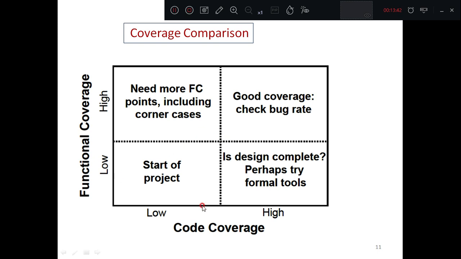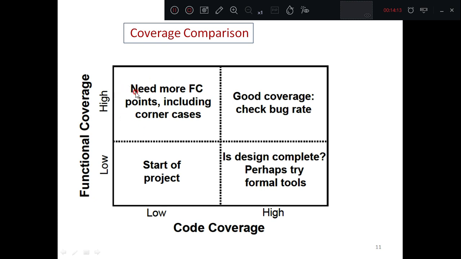See, this is a coverage comparison where we have functional coverage on this side and code coverage on this side. Initially, at the start of the project, both functional coverage and code coverage are very low. At the end of the project, in this block, both are high. So we get good coverage here, and then we need to check the bug rate.